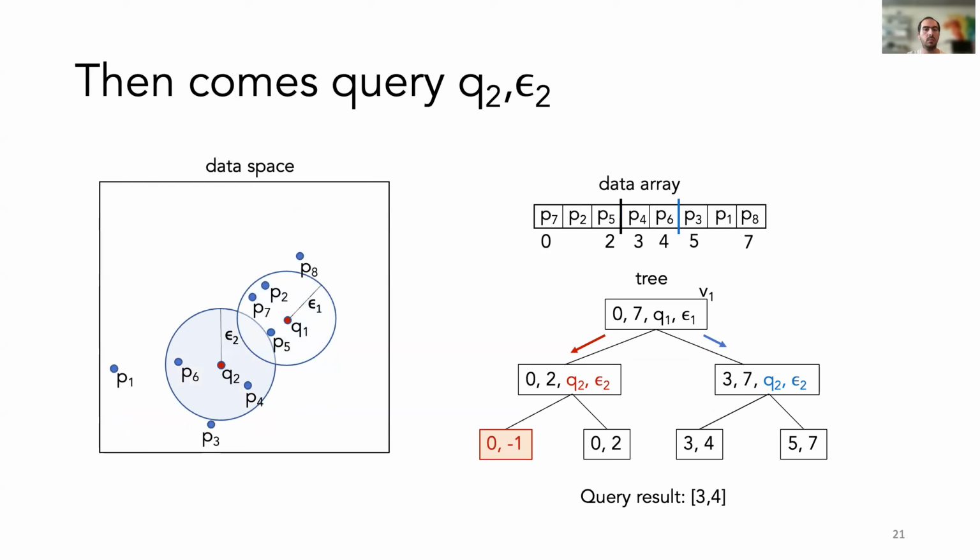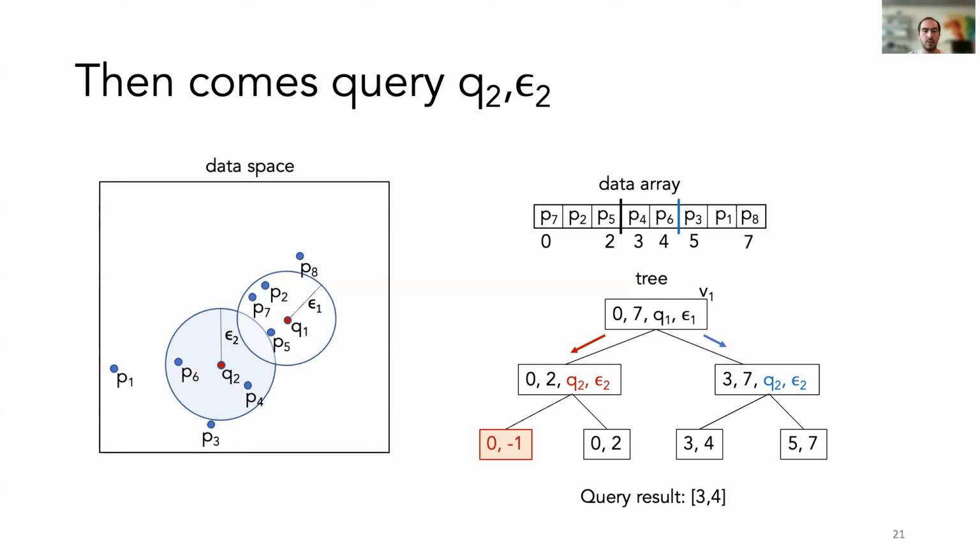Then query Q2 with a search radius epsilon 2 comes. As query Q2 overlaps the previous query, we have to visit both the left and the right subtree. Starting from the left, we have to examine the objects in the data array between position 0 and 2. As there are no data points in the overlapping region of queries Q1 and Q2, we get no results and an empty crack is created.